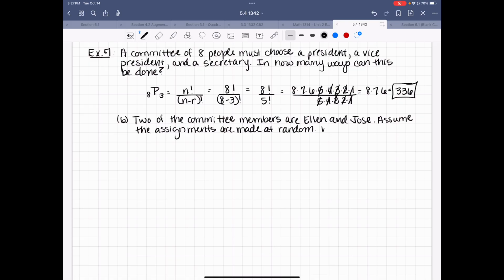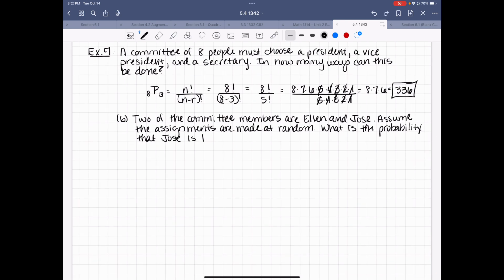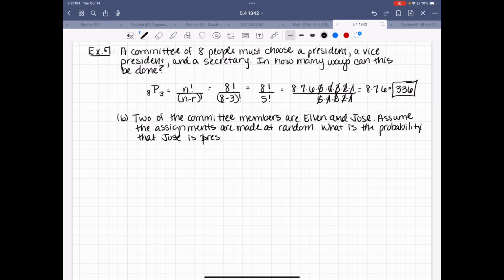What is the probability that Jose is president and Ellen is vice president?